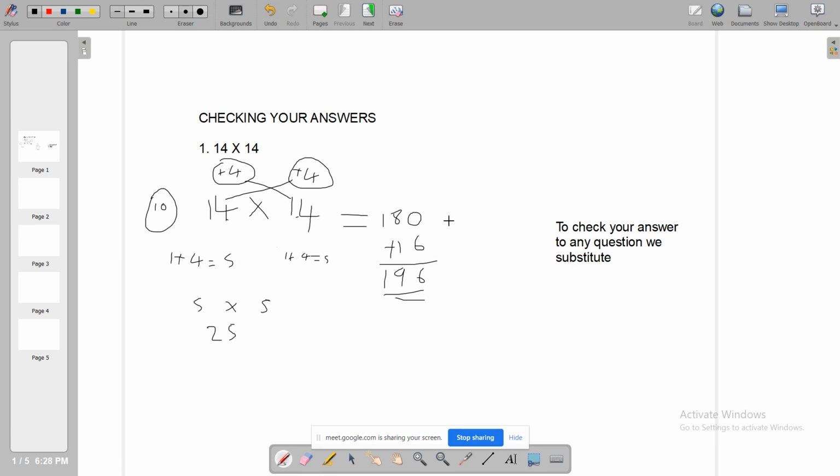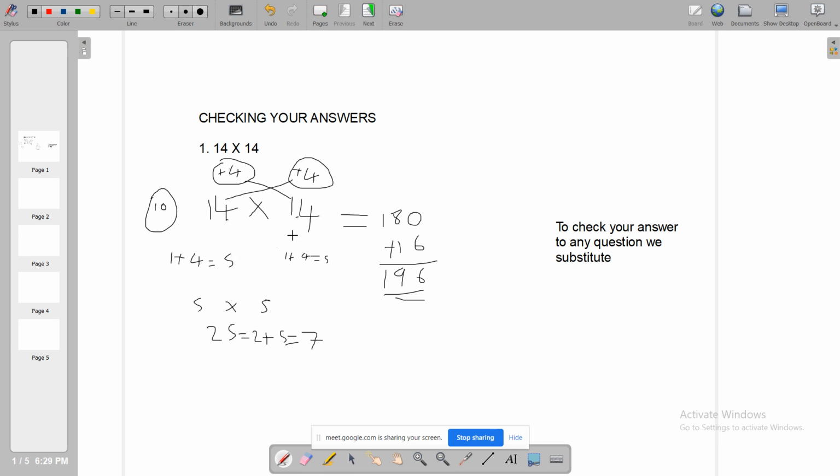So now the secret is always your check answer should be a single digit answer. So you can't have a 2 digit answer. So now I need to find a substitute for 25, and a substitute for 25 is 2 plus 5, which is equal to 7. So now my check answer is 7.